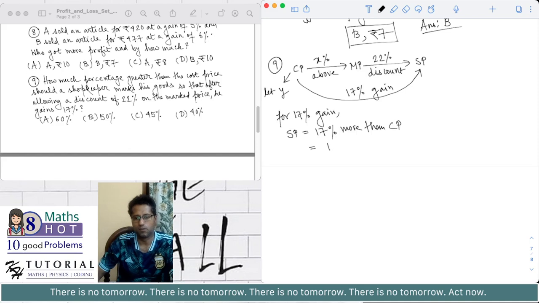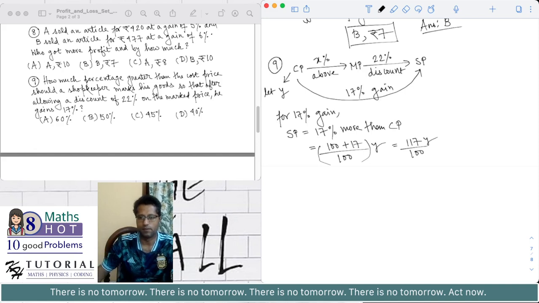This is equal to 100 plus 17 divided by 100 multiplied by Y. This is equal to 117 divided by 100 Y.